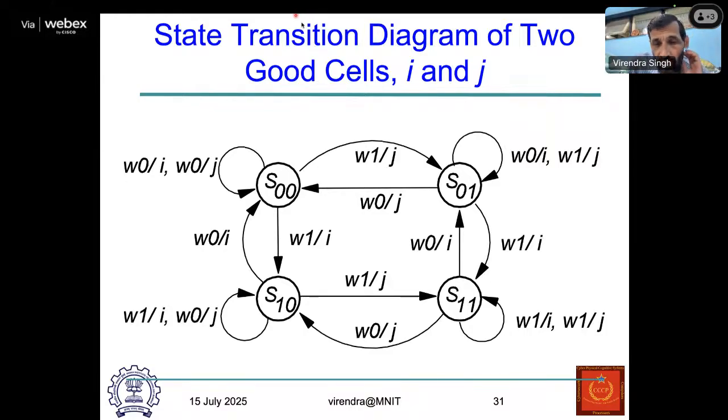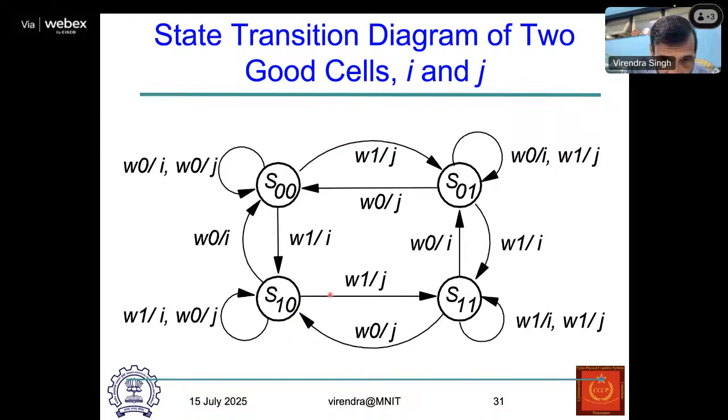So now in the inversion fault, what happens is that with the change in the jth cell, the ith cell will flip its value. If it is 0, then it becomes 1; if it is 1, then it becomes 0. However, in idempotent, it can change to only one value. So if it becomes 0, in that case this transition will remain the same.